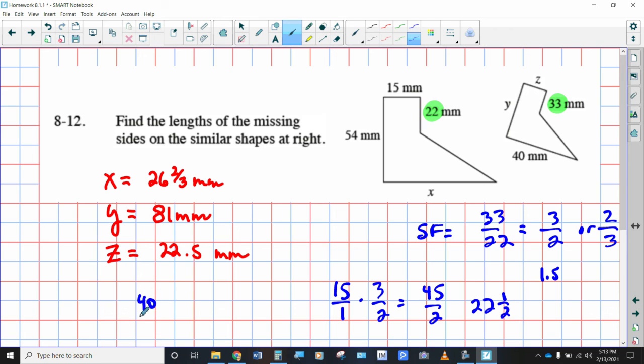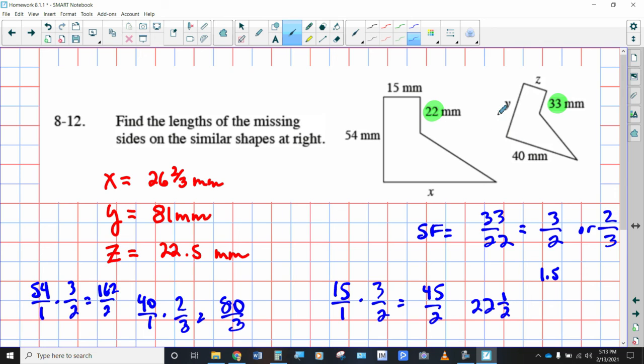So 40 over 1 times 2 over 3 gives you 80 over 3, and 80 divided by 3 ends up being 26 and 2/3. And then this is the one where y needs to become bigger, so y is going to be 54 over 1 times 3 over 2, which ends up being 162 over 2, which ends up being 81.